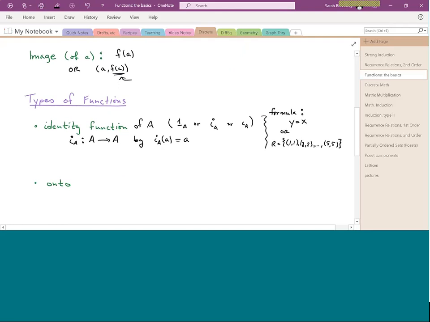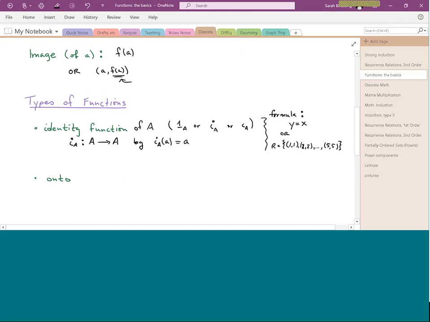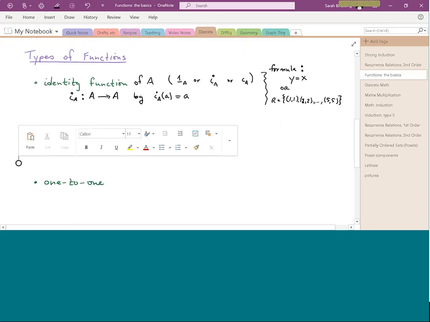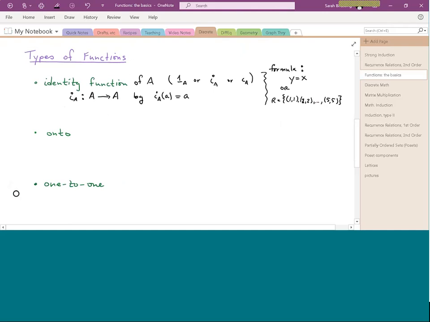Now, we're going to care about some other types of functions as well, and the next 2 types of functions are called one-to-one and onto. You often read them out one-to-one and onto in that order, although when I prepped these notes earlier, I wrote onto first. It's 2 different properties, and these are the 2 main properties that we're going to care about with respect to functions.